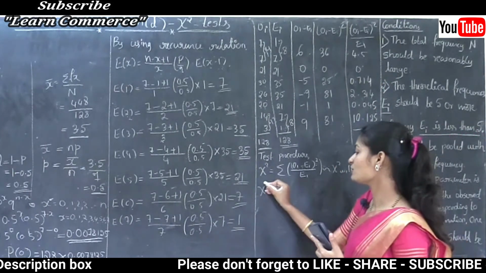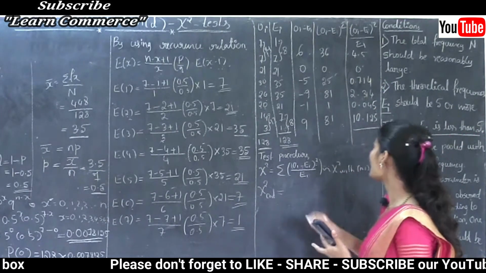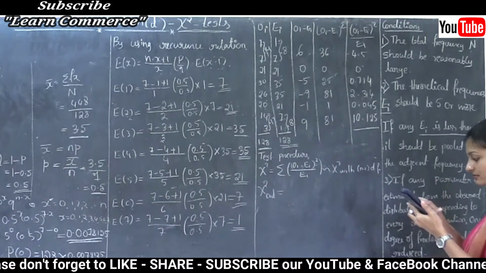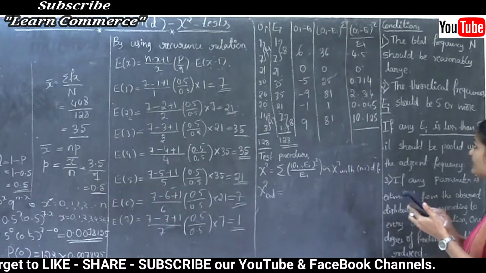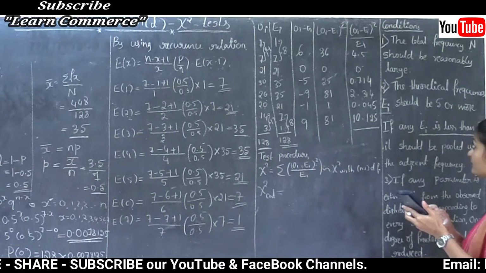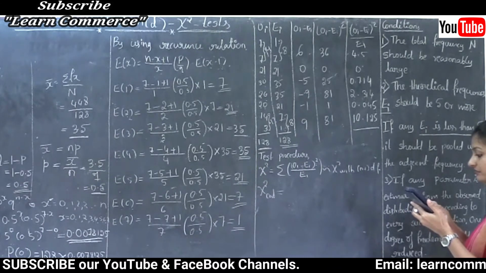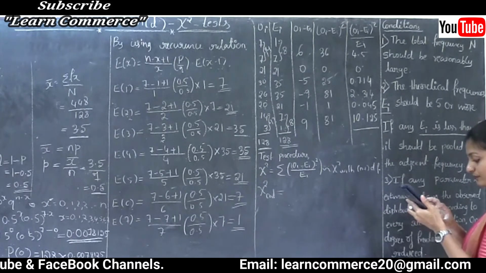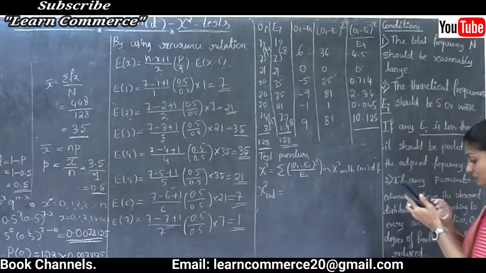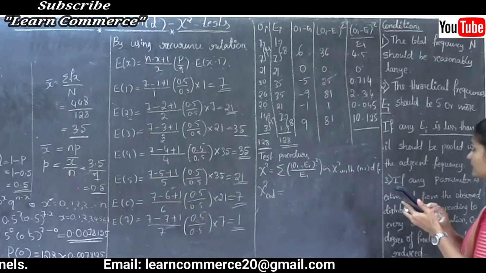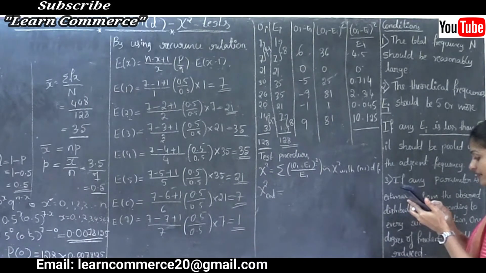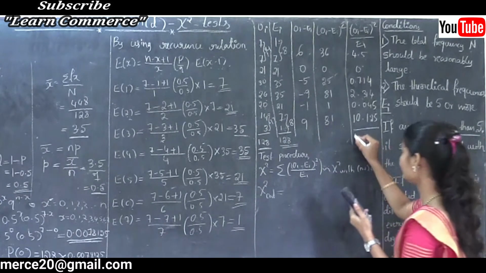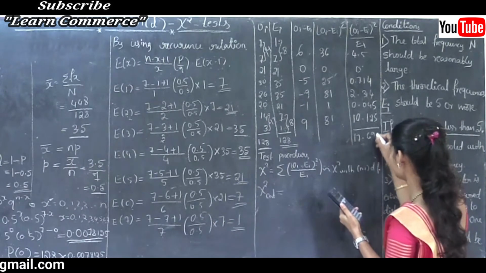So the sum of the observations is the calculated value: 4.5 plus 0 plus 0.1741, 4.5 plus 0.714 plus 2.314 plus 0.045 plus 10.125, that is 17.698.